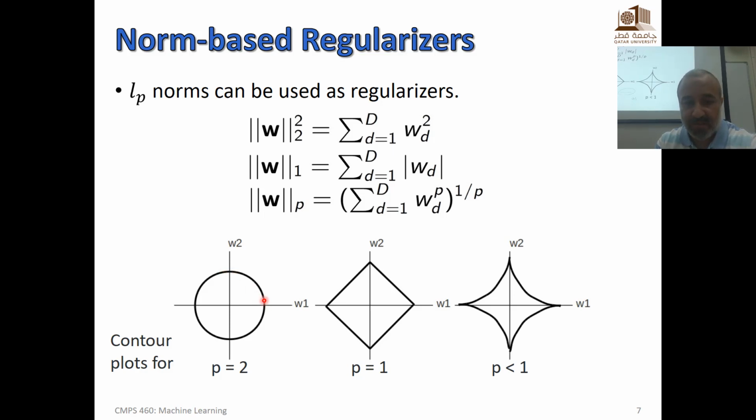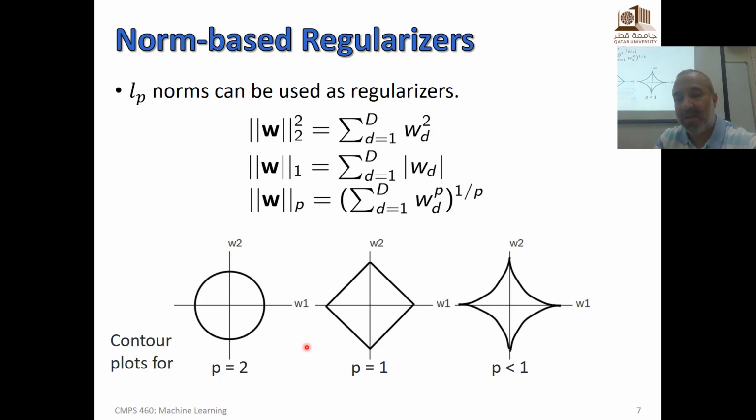In this area, W2 is very small. This area, W2 is very small. This area, W1 is very small. But in all the others, they are not small enough, right? So the chance that we get really small weights using the L2 norm is not that big.